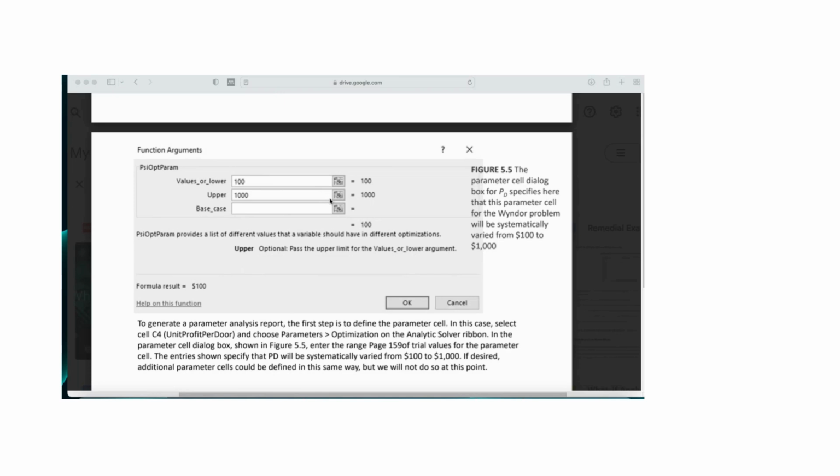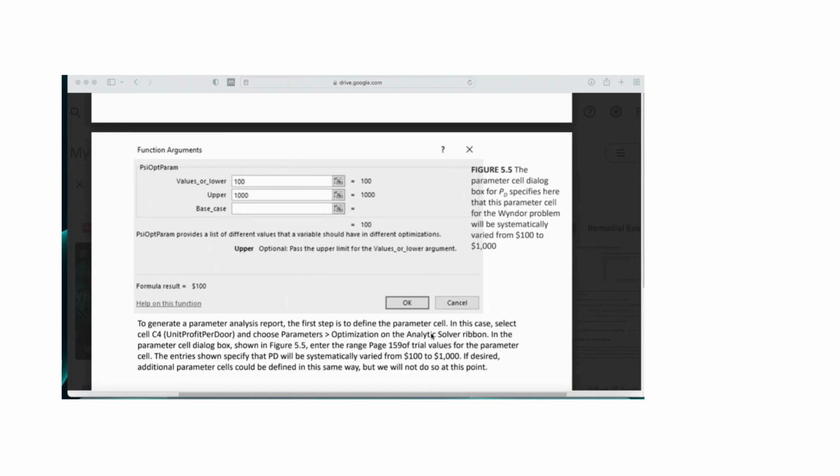But Excel can do it for you. All you need is Analytic Solver. You have to have Analytic Solver downloaded or activated on your laptop or computer. I don't have that, so I cannot demonstrate. I think you have to buy it.